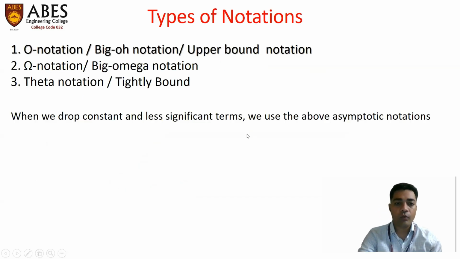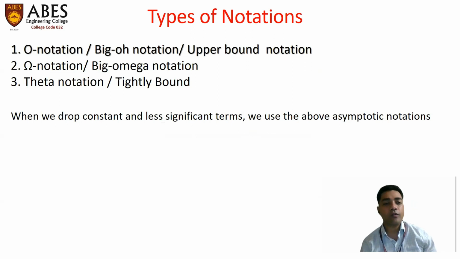Moving on, what are the types of notations? We have three types of asymptotic notations. The number one notation is big O notation. It is also called capital O notation. It can be represented as big O notation, or as upper bound notation.